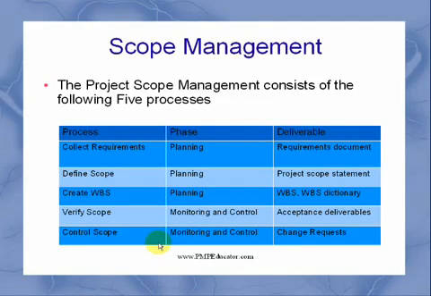If you find anything which is not according to the scope, then you have a change request. That change request makes sure that your scope goes back to the original scope baseline, and you control the scope.